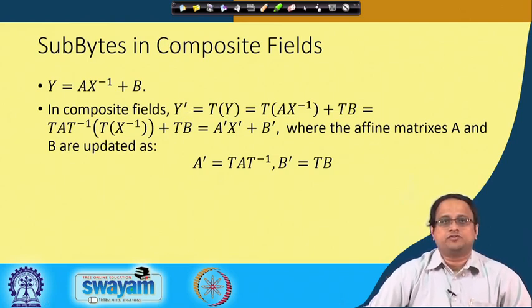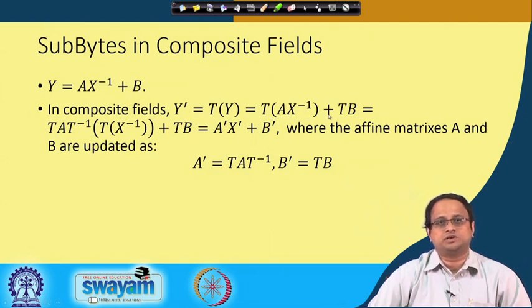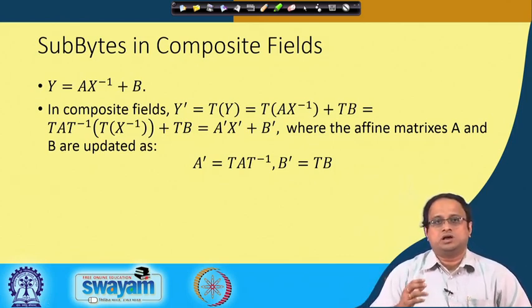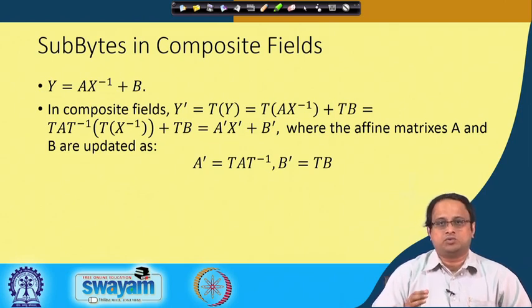So what you want is this: if you plug Y equal to A X inverse plus B into this equation, then you are basically doing A X inverse plus B, and then you are applying a T map on that. And remember that T is a linear mapping, so I can distribute this and get T A X inverse plus T B. Basically what I am trying to explore here is whether I can combine the composite field inverse with the affine mapping in one single shot.